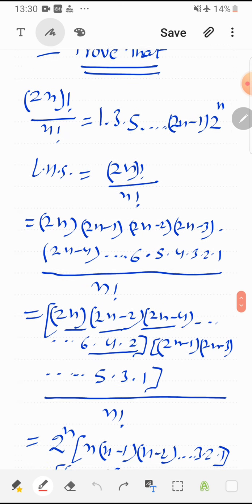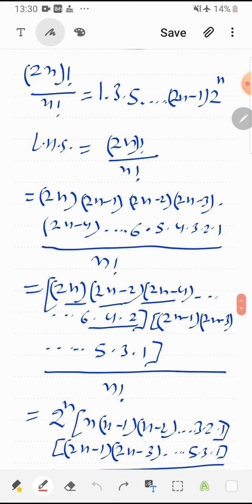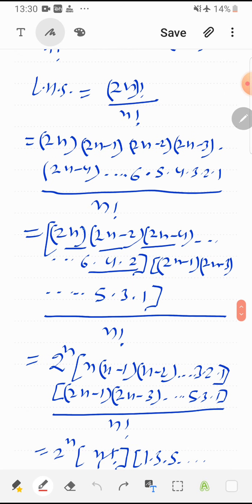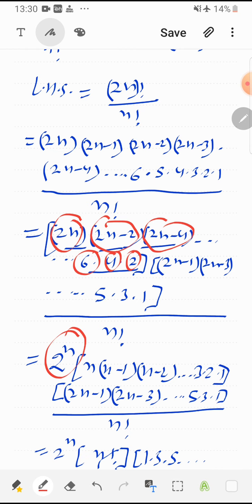Out of these 2n factors, n factors are even and n factors are odd. So we are separating even and odd factors. Out of the even factors, we are separating one factor which is 2 from every factor, and as there are n even factors, 2 will be coming out from every factor, so this is 2 raised to the power n.